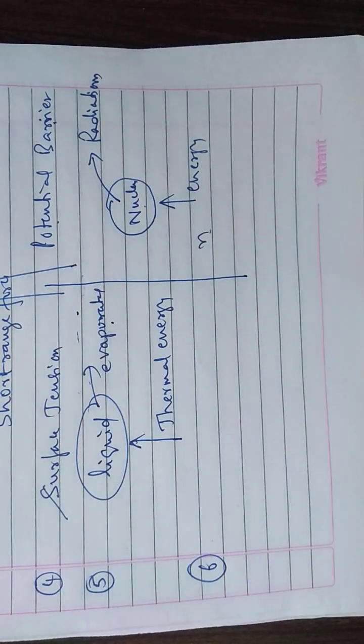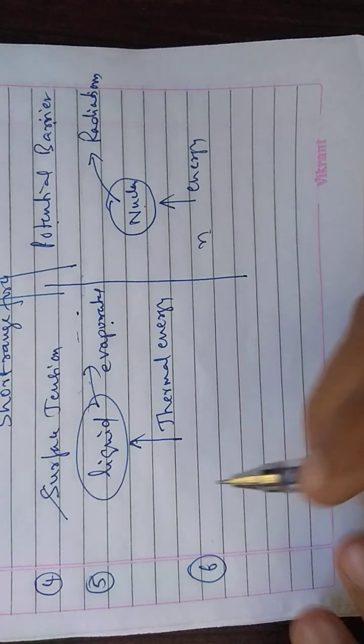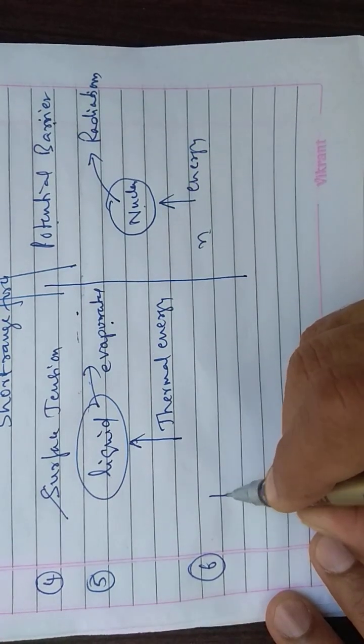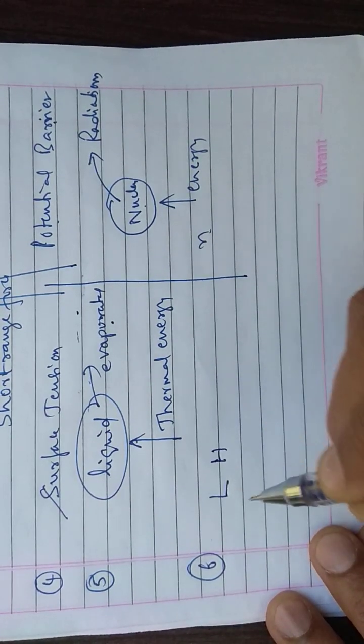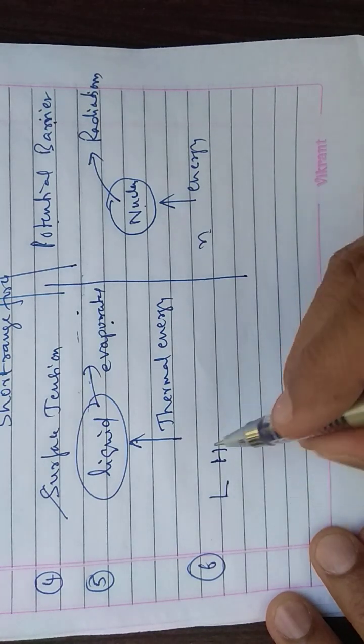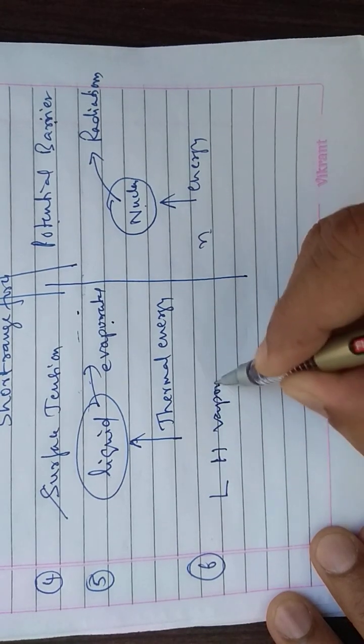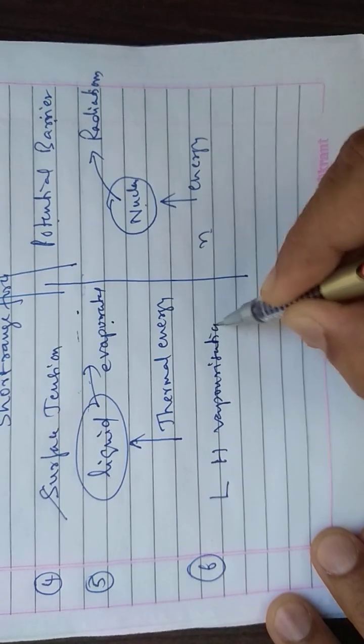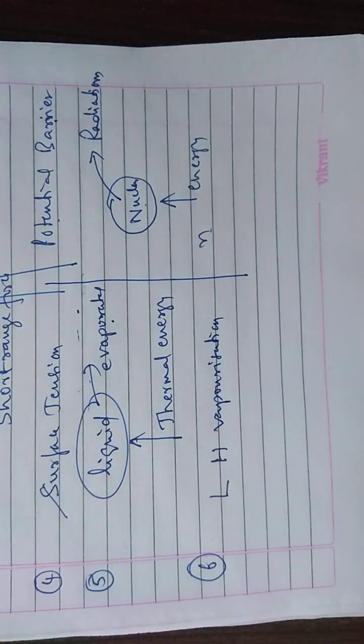Sixth point here now, number 6. There is a binding energy for a nucleus which is a constant. But in the case of liquid here, there is latent heat of vaporization. You know already about the latent heat of vaporization. If you take 1 kg of liquid and go on heating, it is going to boil.